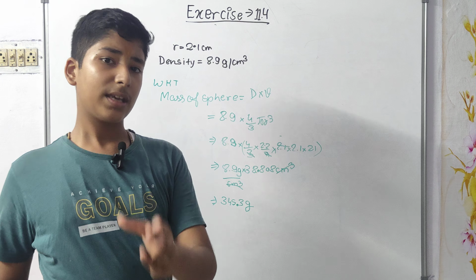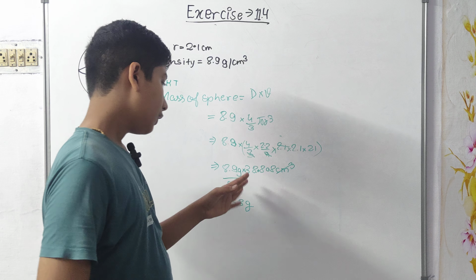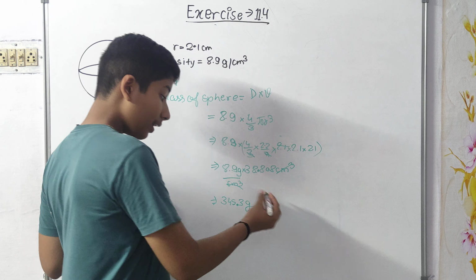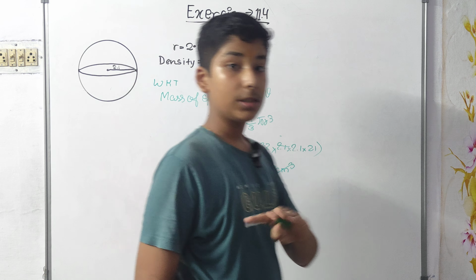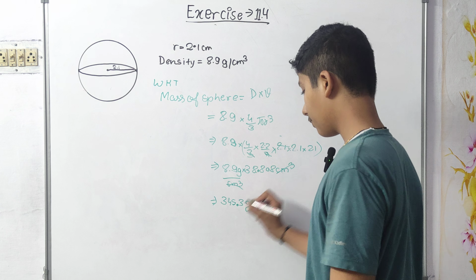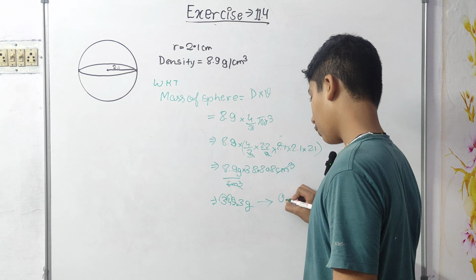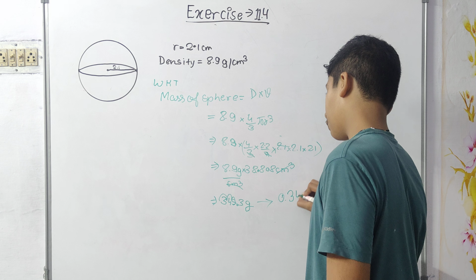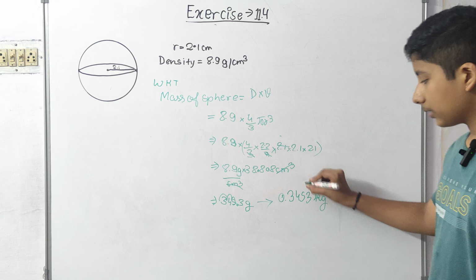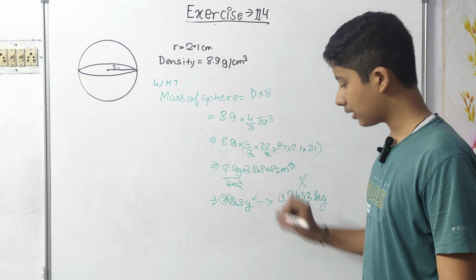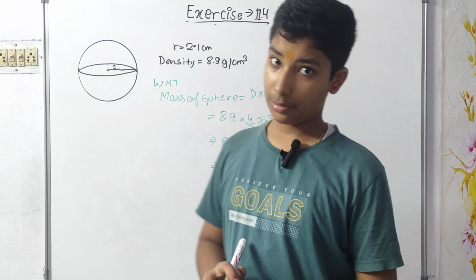If it would have been kilogram, then our answer would be in kilogram, but this is gram, so we'll write gram only. If you want to convert it to kg, it is just for reference. So with 3 zeros, 1, 2, 3, it would be 0.3453 kilograms. But this is not required until stated to do so.